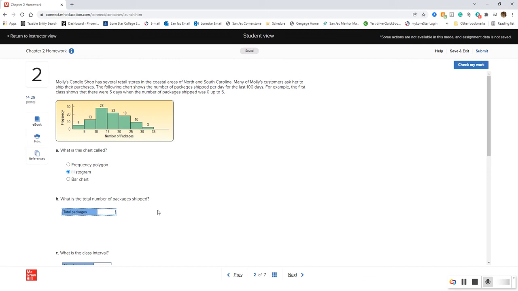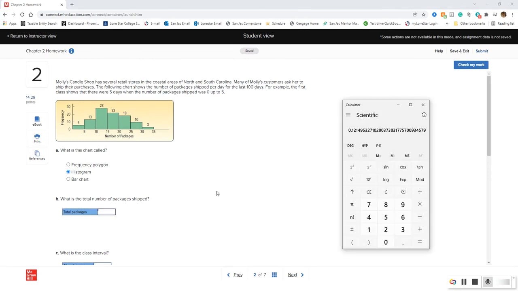So let's go ahead and do that just to show y'all how to do it. So I have 100. And it averages out to about a package a day, it looks like.